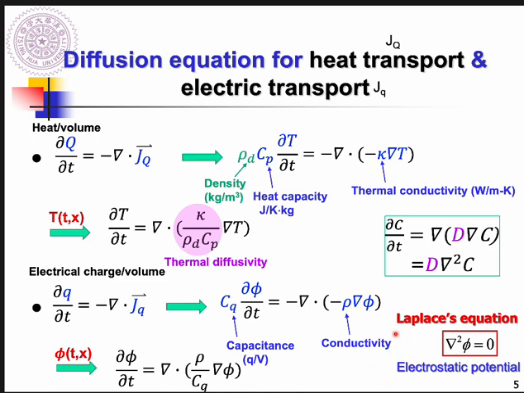So there's no charge accumulation inside this box. We call this the Laplace equation. If there is some charge accumulation, then the equation equals something other than 0, and we call it a Poisson equation. Okay.